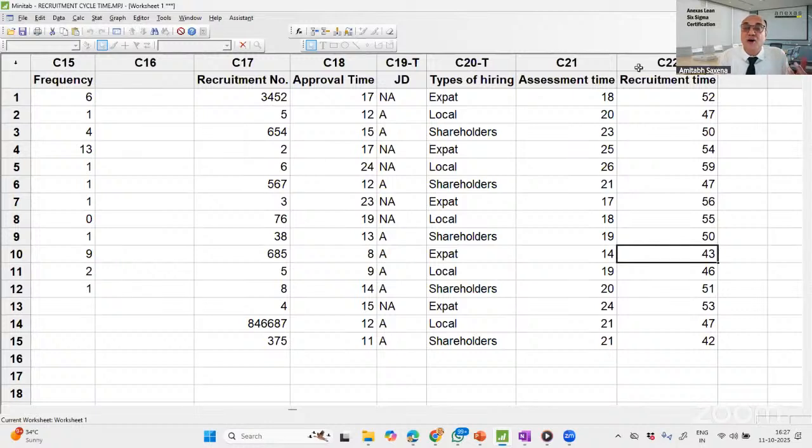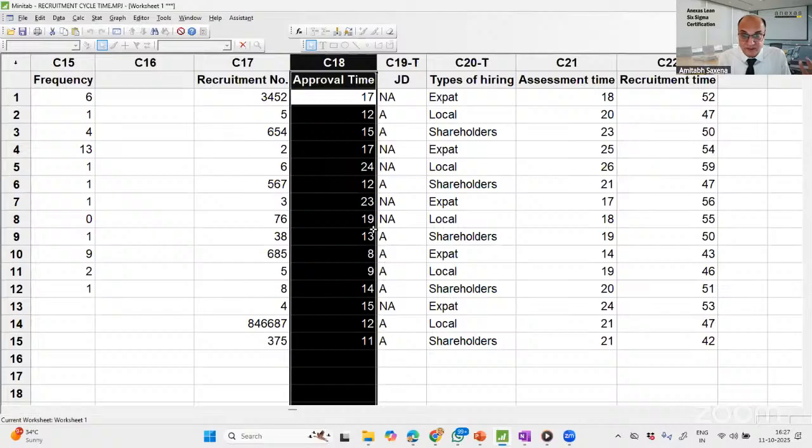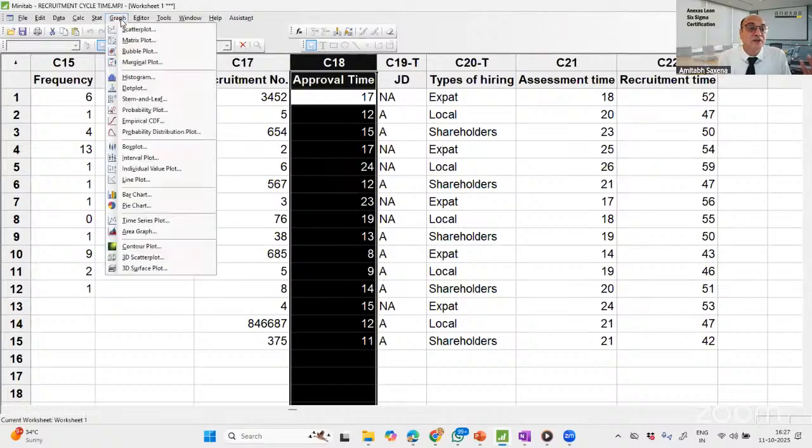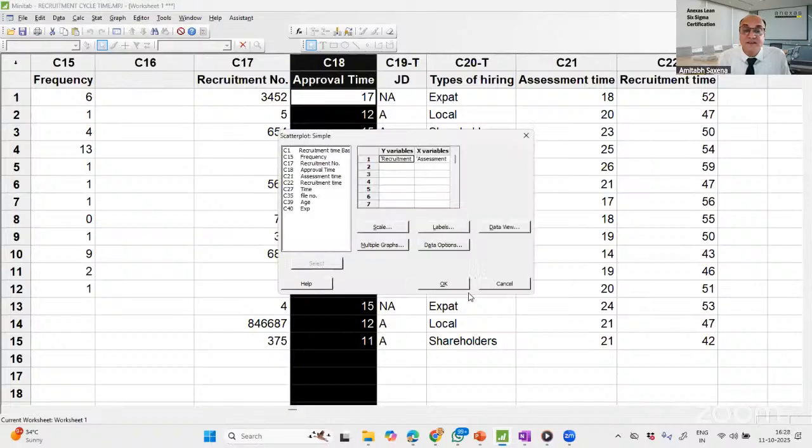I'll tell you how to correlate recruitment time and approval time. You can make something called a scatter plot. Is approval time really impacting the recruitment? You will find a correlation. I'll show you in detail and also tell you how to implement Lean Six Sigma in the organization in a short while.